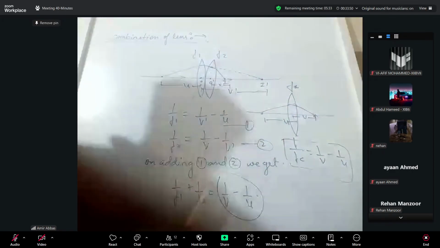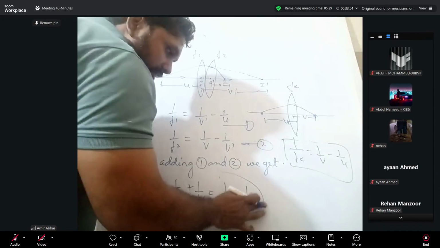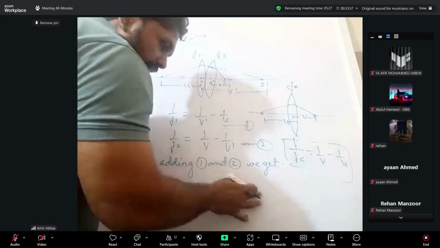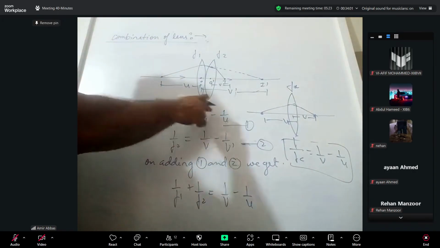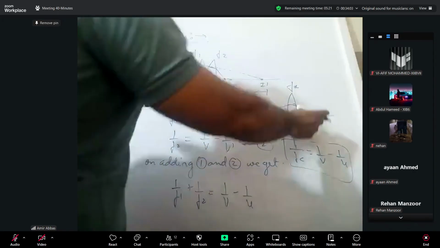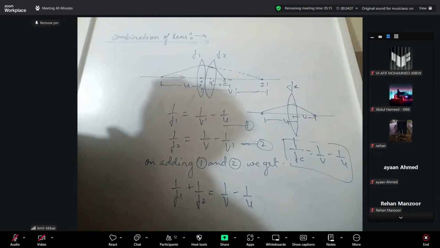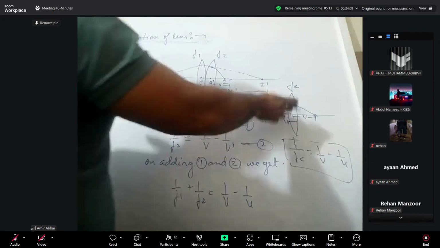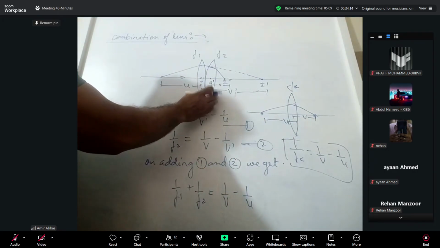The combined effect is written in this form: there is a single lens forming the image of an object kept at the same distance as in this case, forming the image at the same place. So it has a focal length equal to the combined focal length of the two lenses.